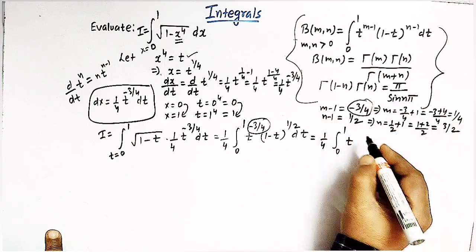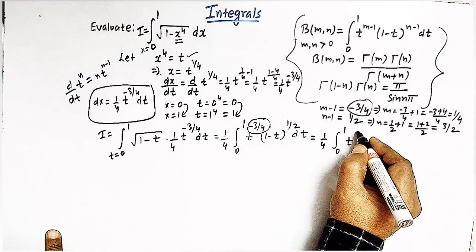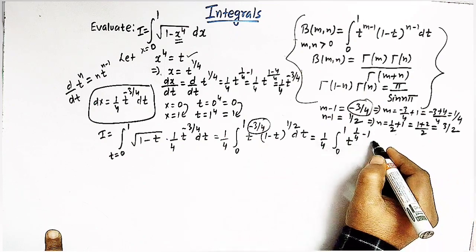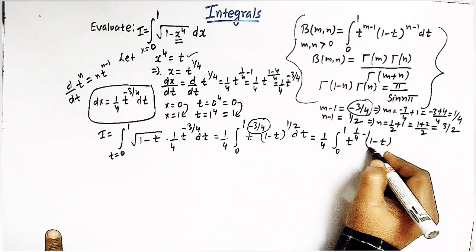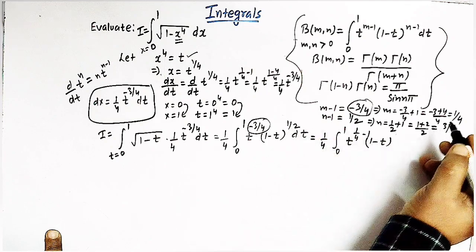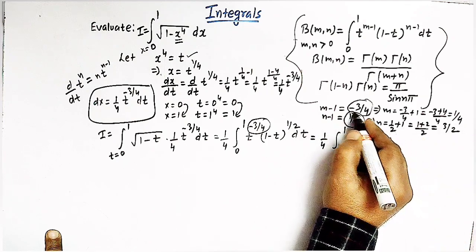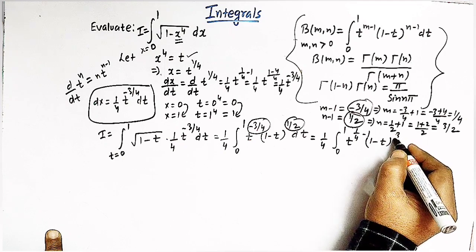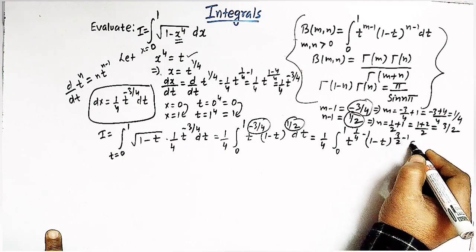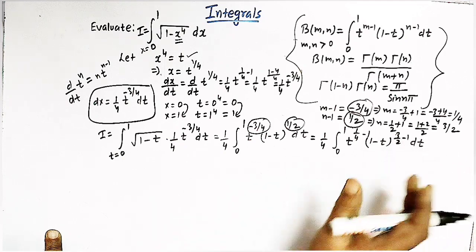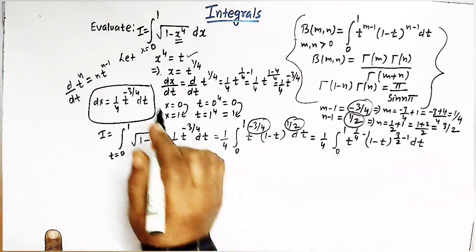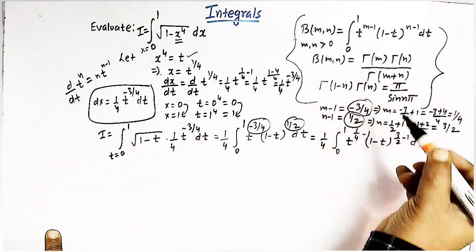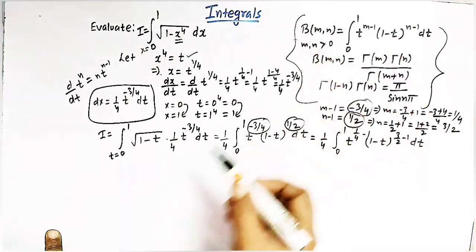M is 1 over 4, so this exponent can be written as 1 by 4 minus 1, and then we have 1 minus t raised to half. So half is n minus 1. So n is 3 by 2, so here we have 3 by 2 minus 1, right? So we have now expressed this integral in terms of, or in the form of the beta function, right?